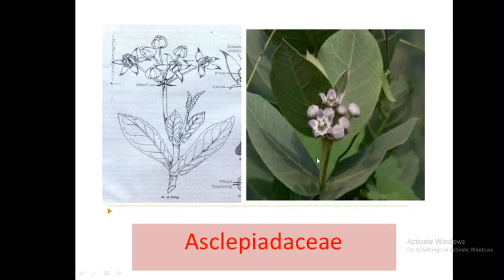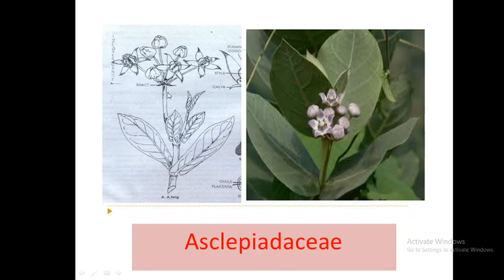Here, this is the original plant. So sometimes it is racemose or umbellate as in Asclepias and Calotropis.